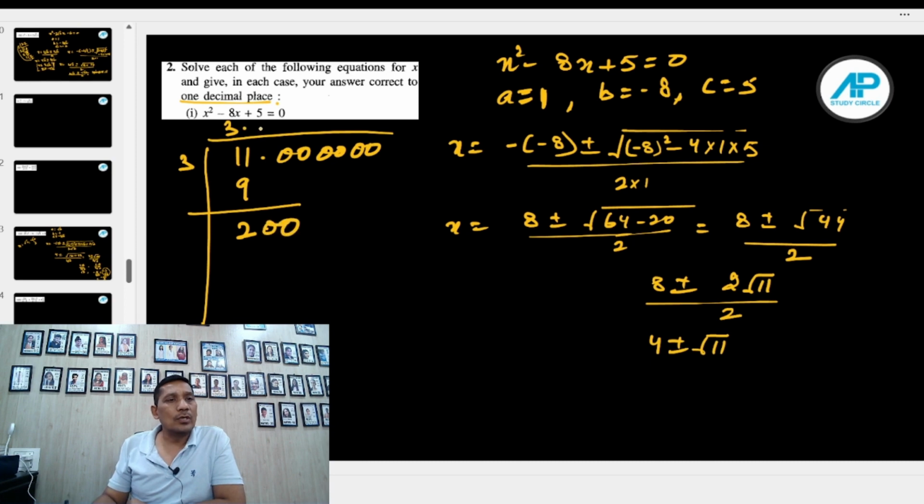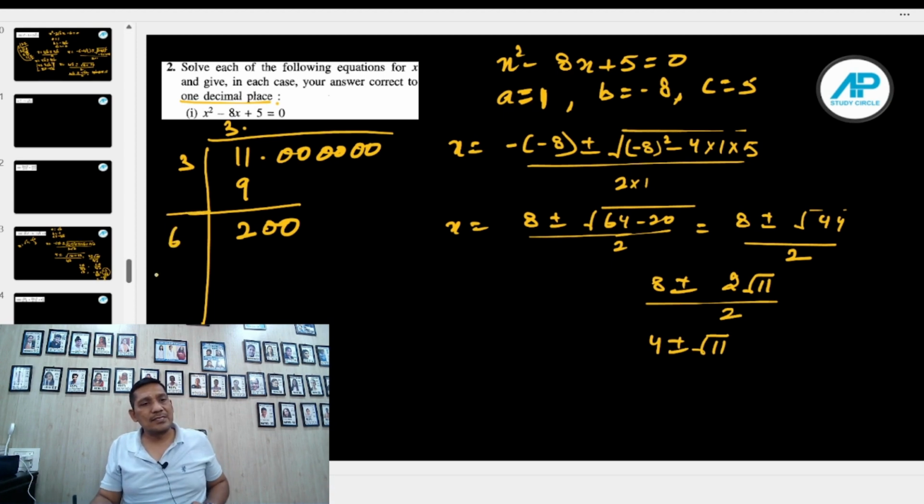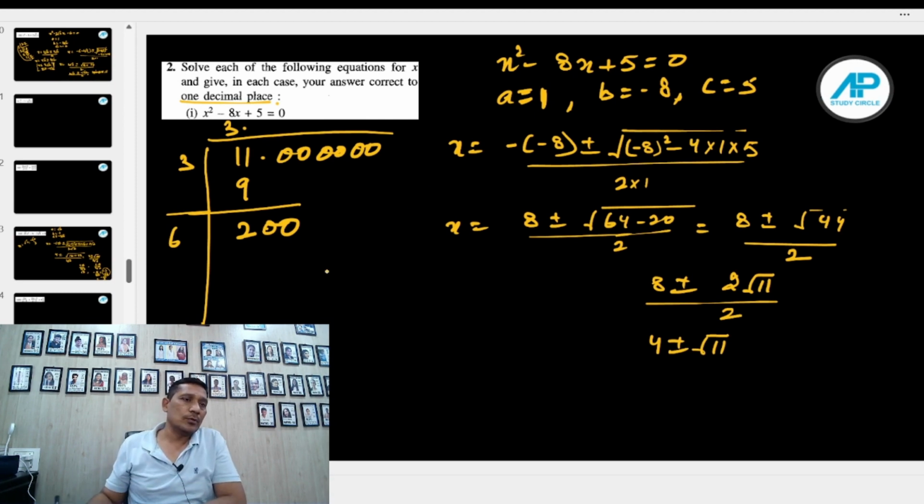I hope you all understand this procedure. So what I've done is put 6 here and take down one more double zero, a group of numbers. I'm putting zeros in a couple, in a group, double zero, double zero, double zero. I'm taking up 9 and 11 minus 9, 2. I put double zero here, 6, double the 3.